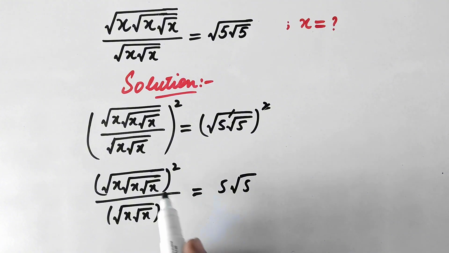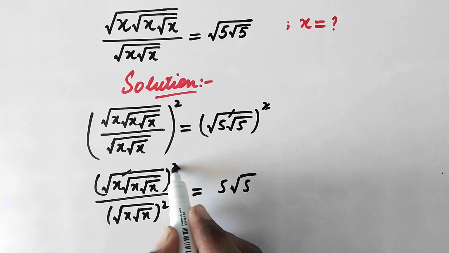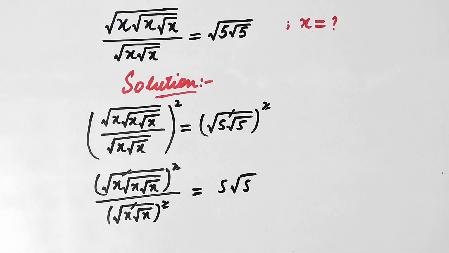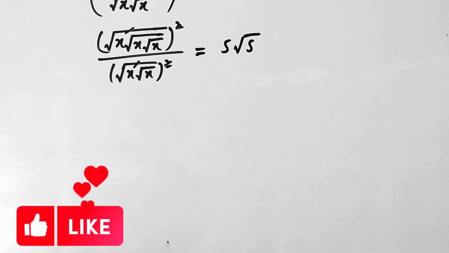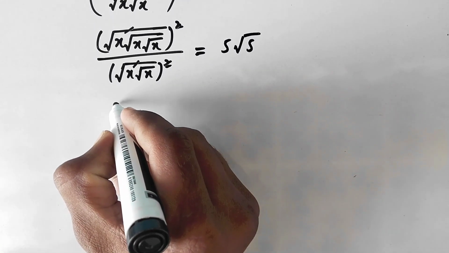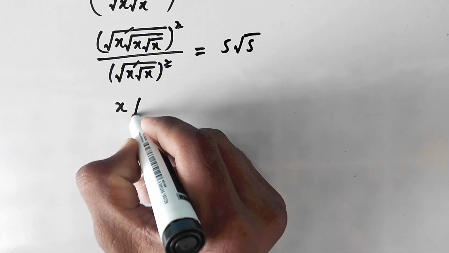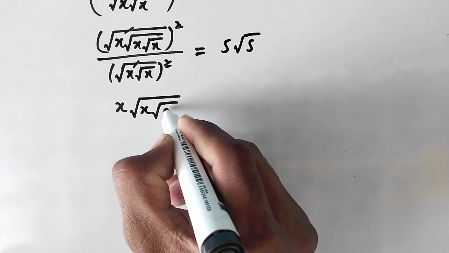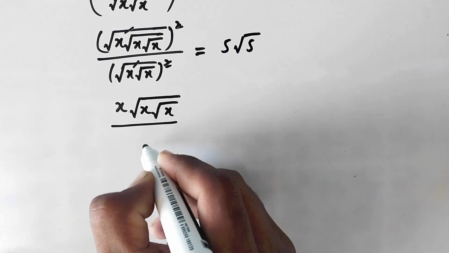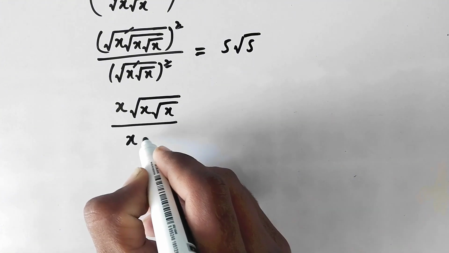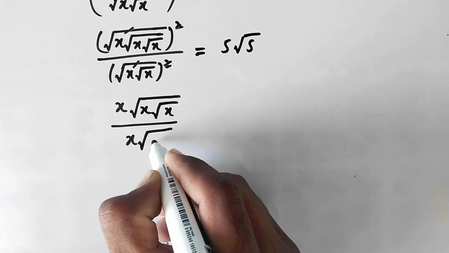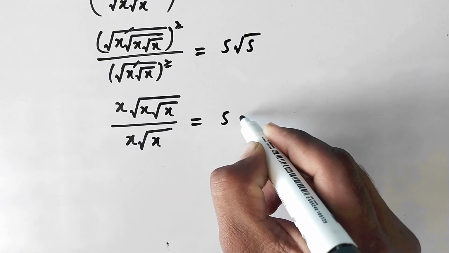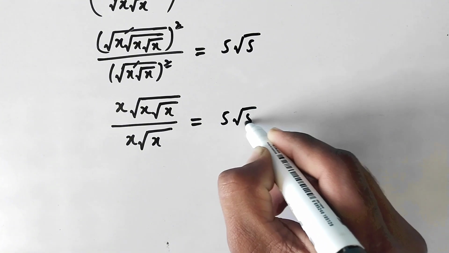So now here this square root will be cancelled by this square and this square root will be cancelled by this square, and here it will be equal to x times square root of x times square root of x divided by x times square root of x equal to 5 times square root of 5.